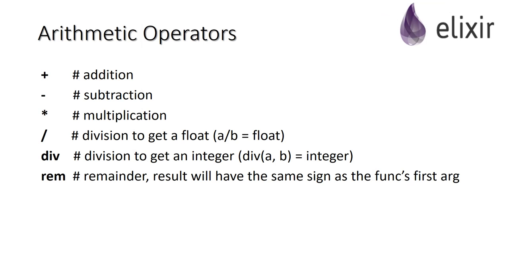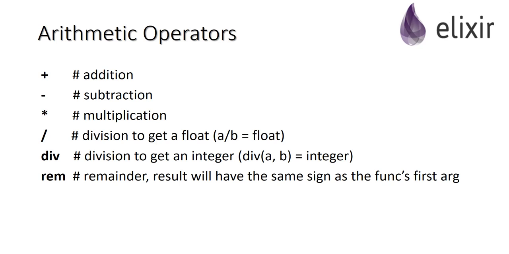We have our arithmetic operators, the common ones that we are all familiar with. We have addition, subtraction, multiplication. Here you can see the asterisk is used as the multiplication symbol, and we have our division. The division operator gives you a float, a floating point number. However, if you were looking for a strict integer, then you would use div.